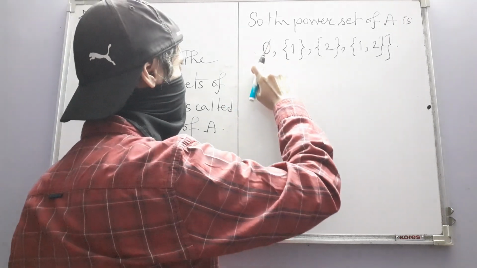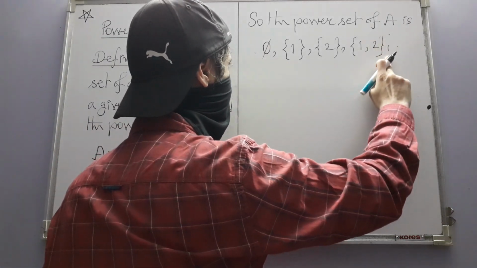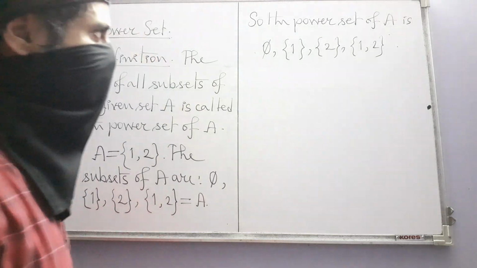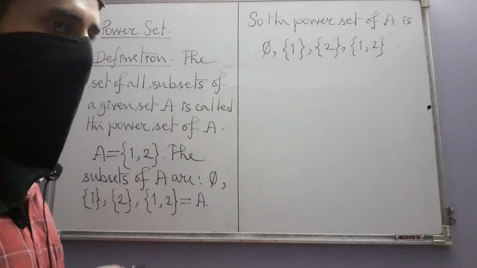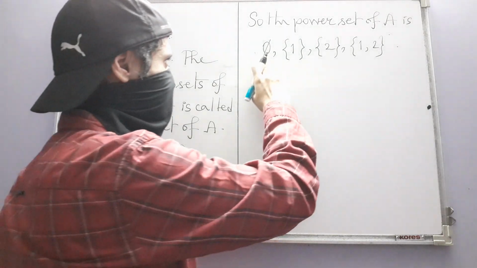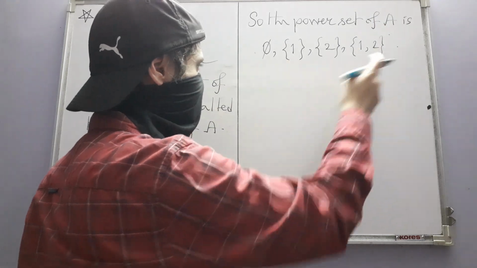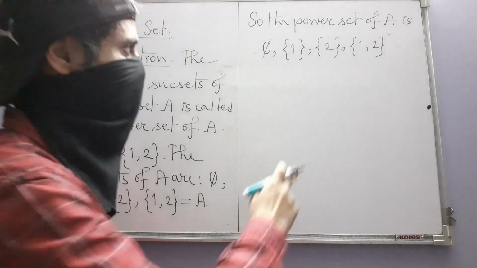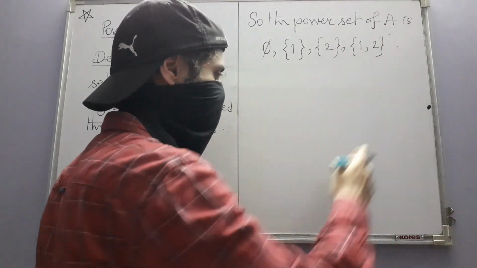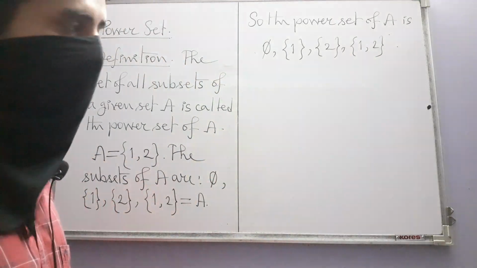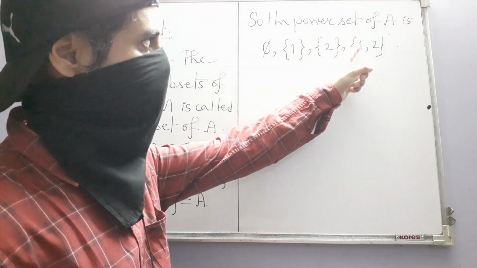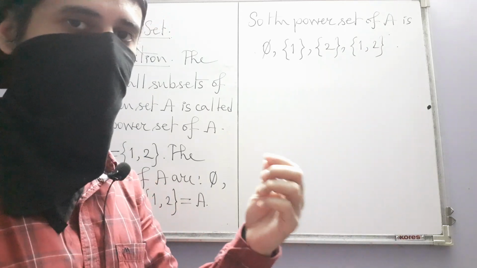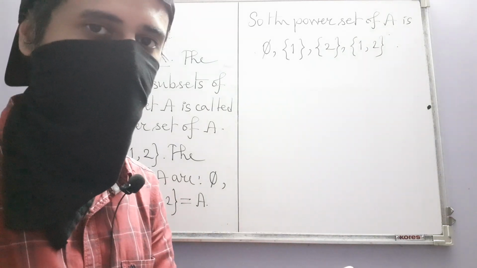You view this entire thing like this. You forget about the outer curly brackets. You think of the entire thing as a list. The elements of this list are themselves sets, which may have more than one element. For example, this one. So, as a set, it will have its own commas.